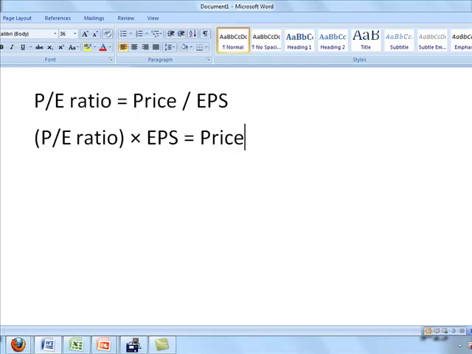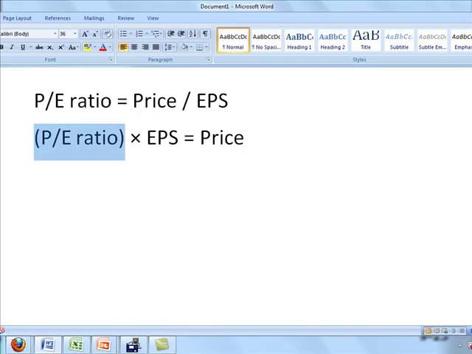There's no argument about that. That's an identity. The price of the stock definitely equals the PE ratio times the earnings per share of that stock.